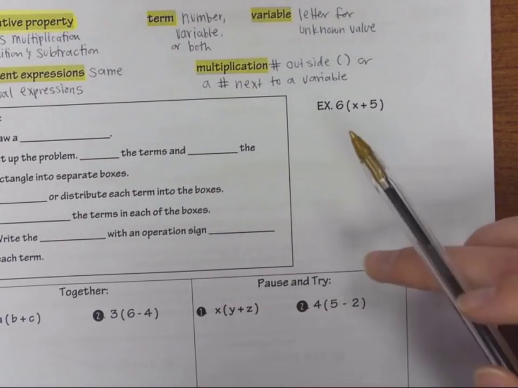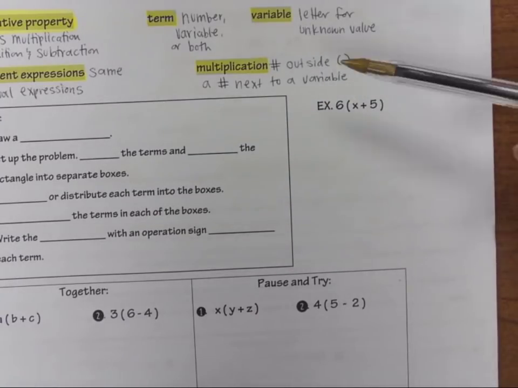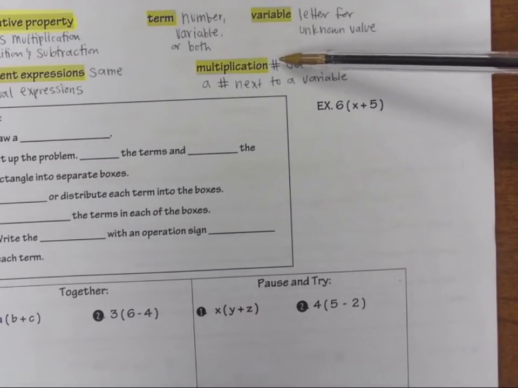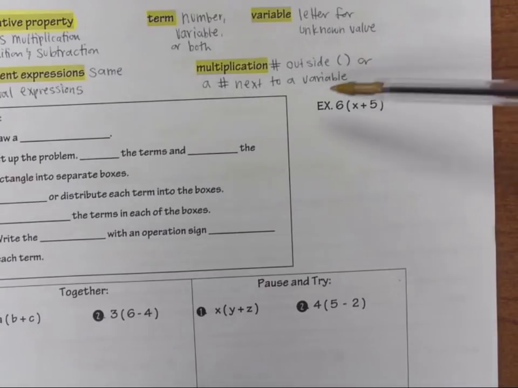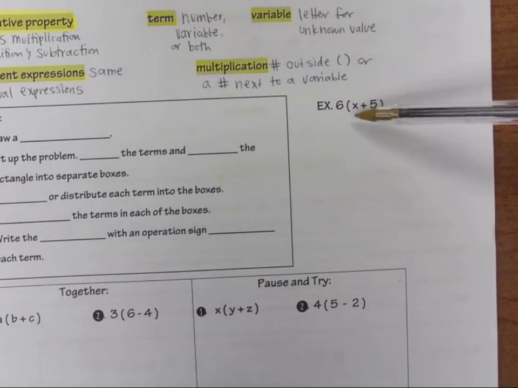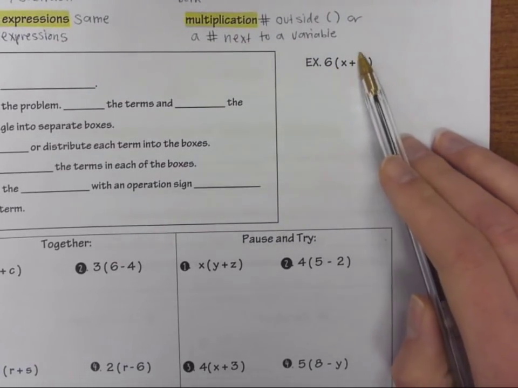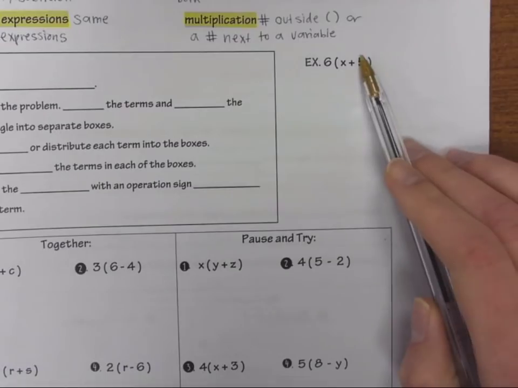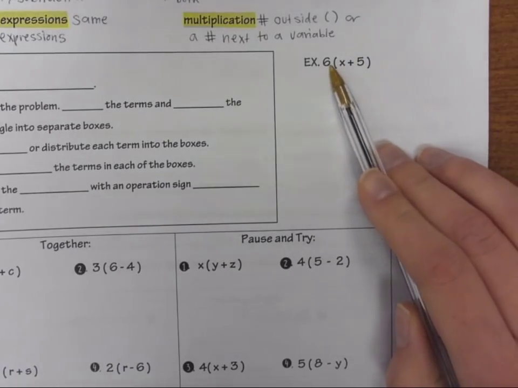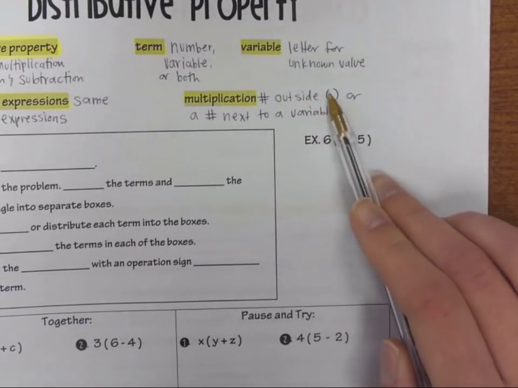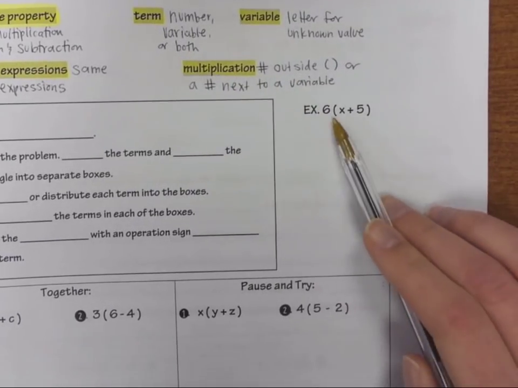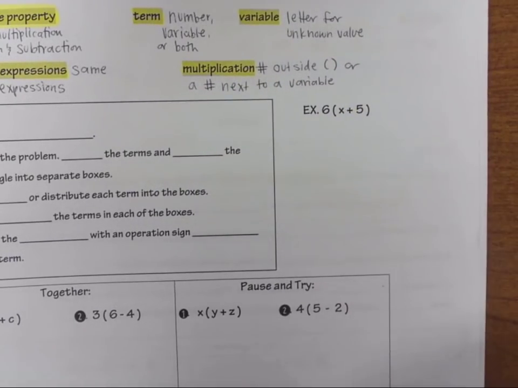Multiplication, we know what multiplication is, but today we're going to look at multiplication with a number outside of parentheses or a number next to a variable. So let's start looking at this and see what's happening. In our example for today, I have multiplication inside of my parentheses, and I have this number out in front, a number outside of parentheses, that is multiplying by what's inside.